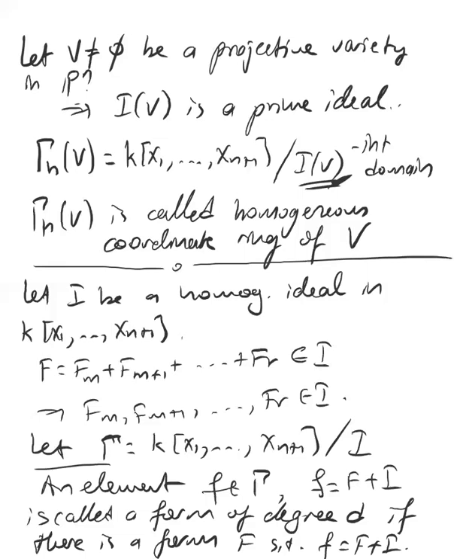Namely, there's a form F such that f is equal to F plus I, and there are also other representatives, which are not necessarily of degree d.